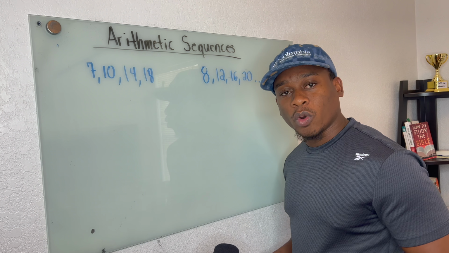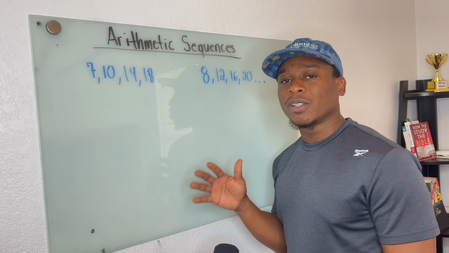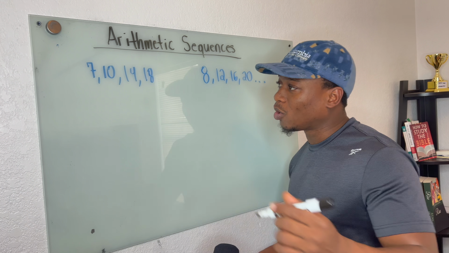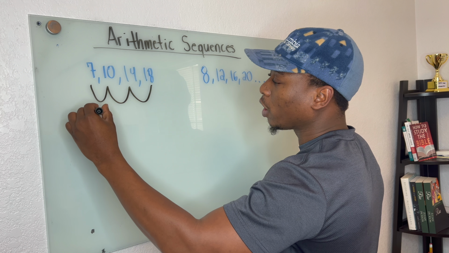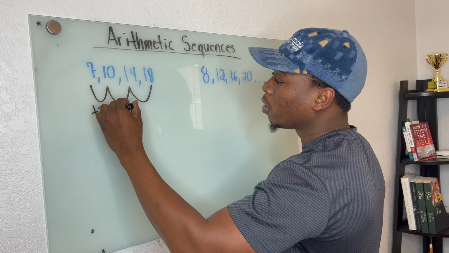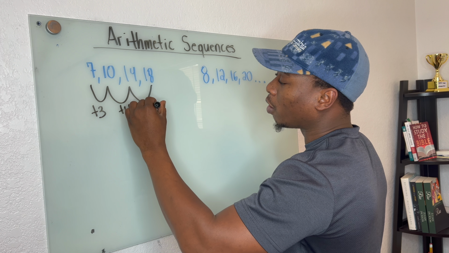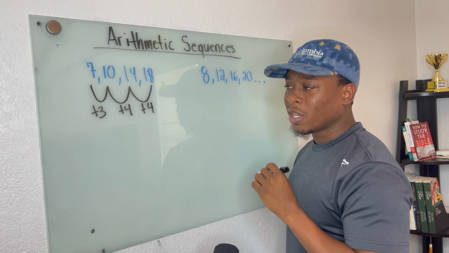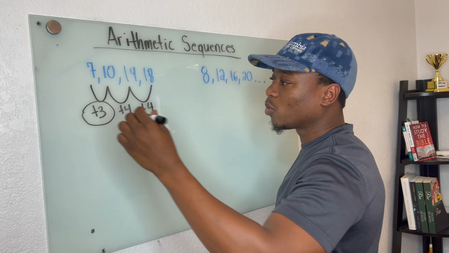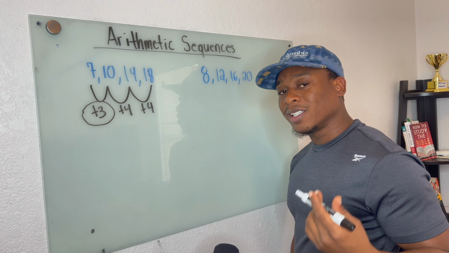So the first thing we want to do is identify whether our list of numbers is actually considered a sequence. So when I check the difference between each term, each number, they all should have a common difference. So when I look at our first set of numbers, I notice that the common difference between each number is not the same.